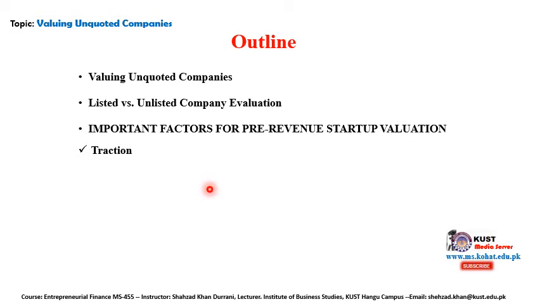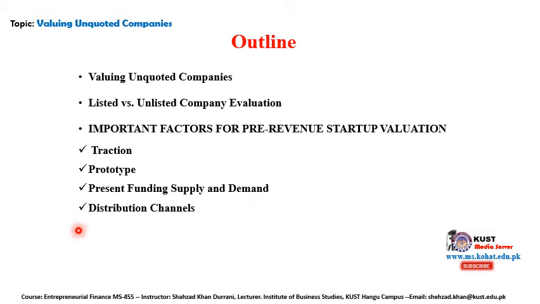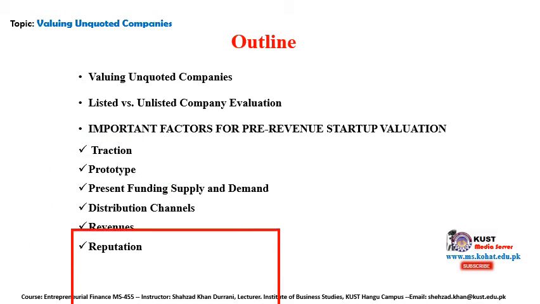It includes the traction method, the prototype, the present funding, supply and demand, the distribution channels, and the revenues, right? So we will try to understand these, and at the end the reputation, right? So these are some of the important factors for the pre-revenue startup valuation.